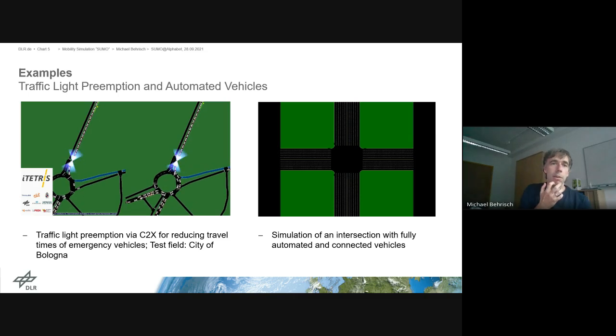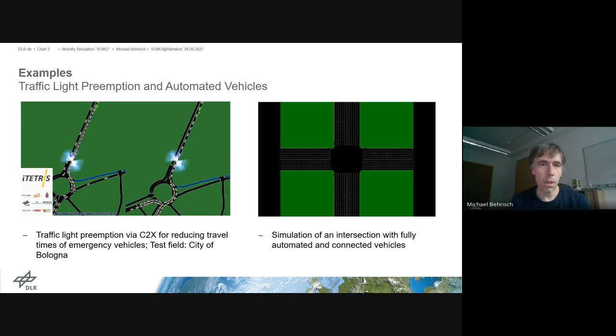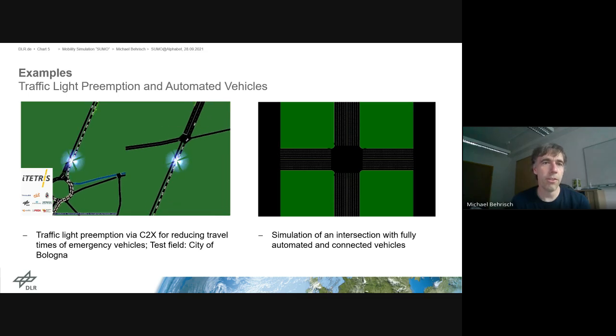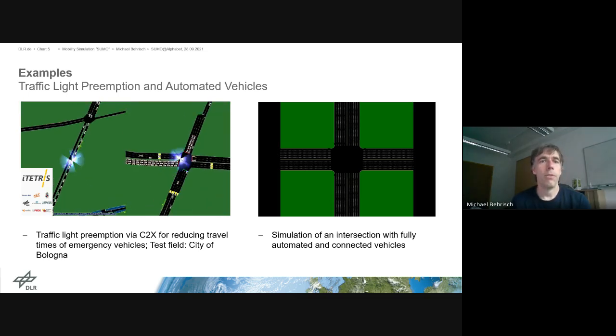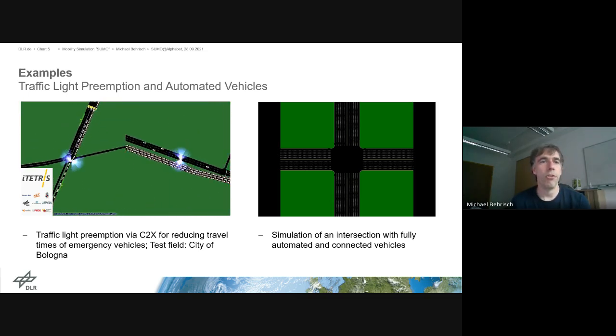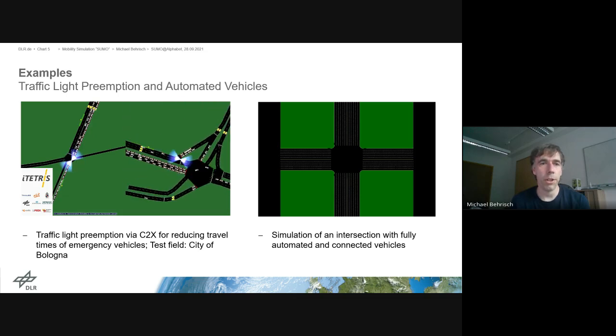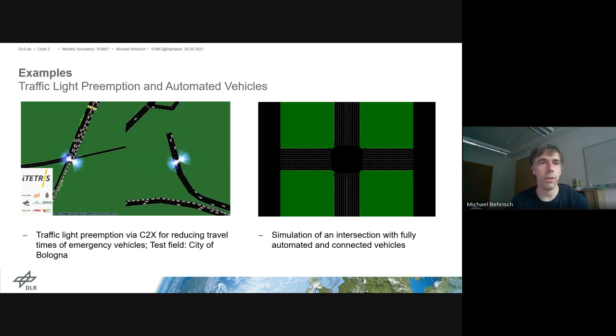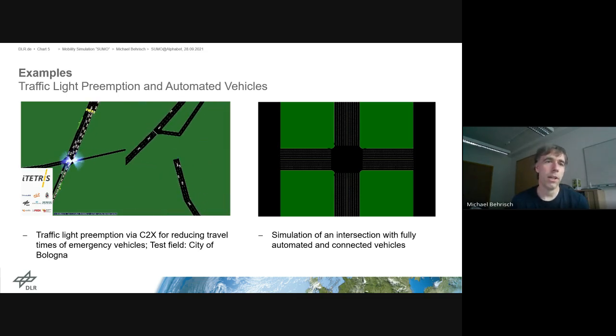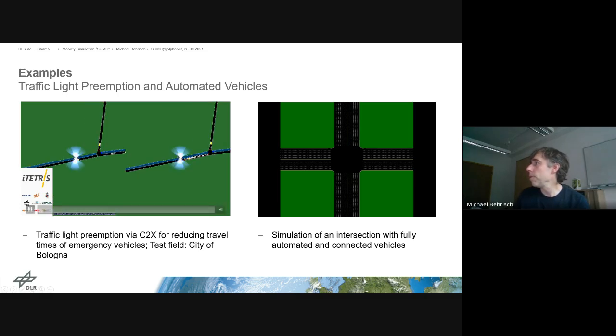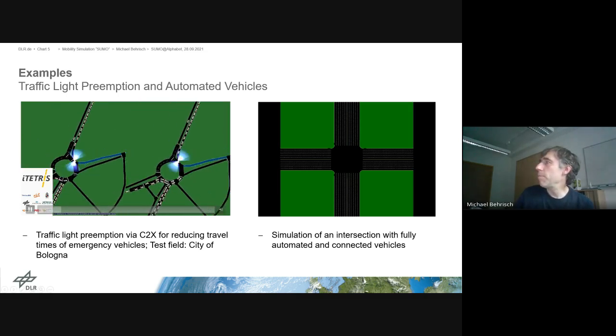Okay, another thing we did is traffic light preemption for emergency vehicles in this case, so that they can reach the destination earlier. So in the left picture, you see what it does without traffic light preemption, in the right half of the left-hand side, how it works with traffic light preemption.